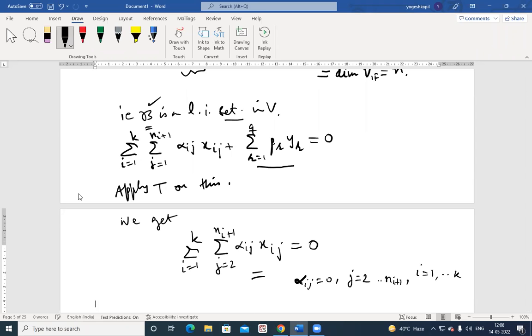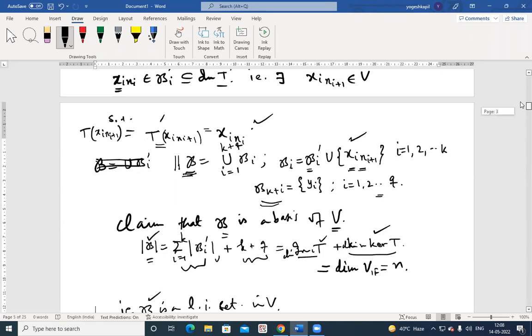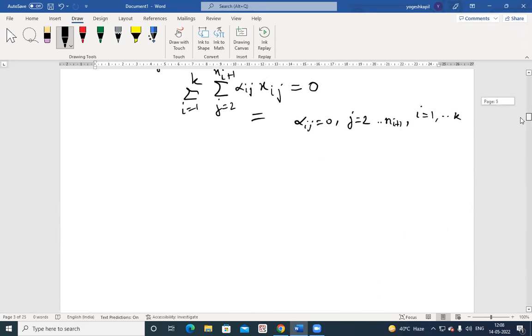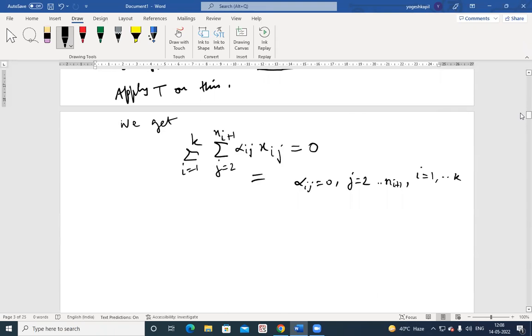No. I just started it from 2 to n_i plus 1, because I see here these are the part of kernel T. The second subindex is 1 for all elements in Bi dashes which are in kernel T. So therefore they are killed under T. So j here would start from 2 instead of 1.